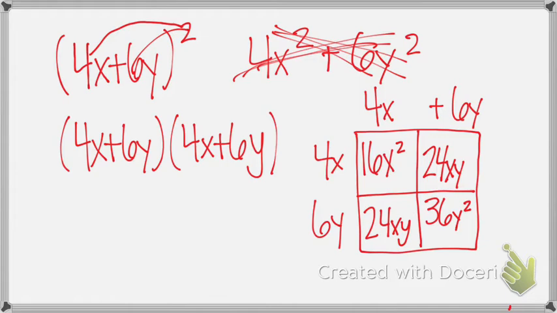M is not correct because it does not include xy. Okay, so let's go ahead and mark out M. Now, why is P not correct? Oh, P. Never mind. The second one.